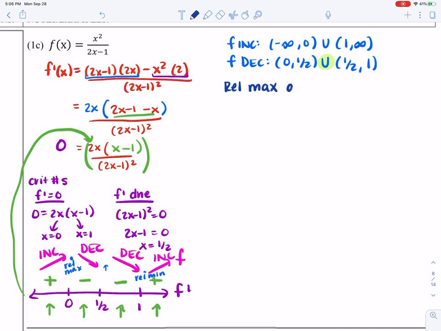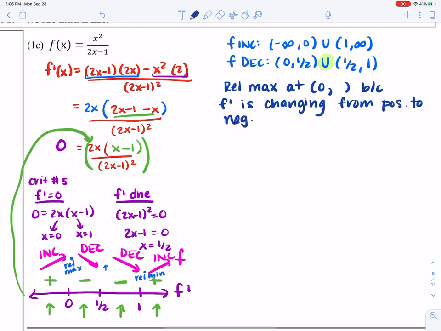I have a relative max at 0 and some y value because f prime is changing from positive to negative.